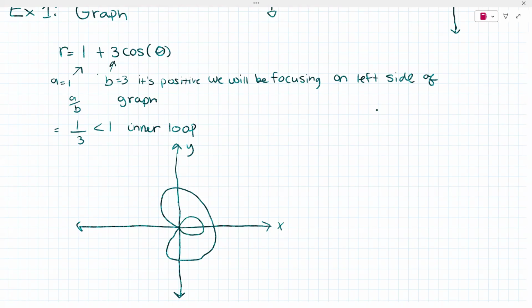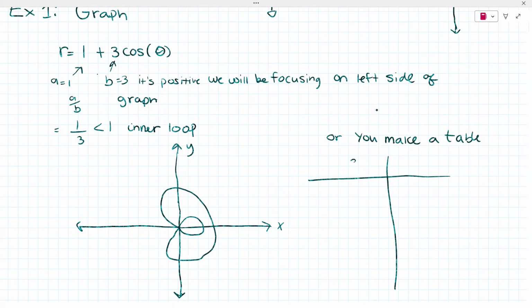Like that. But if you're not sure, you can always make a table. What do I mean by a table? Your x will be your theta, and your y will be the radius.